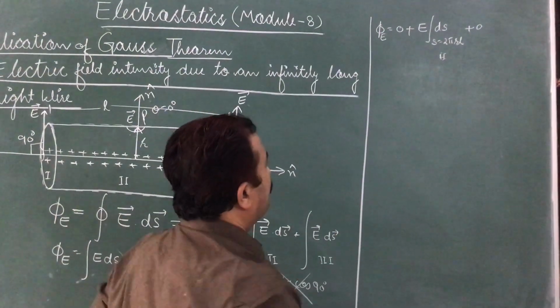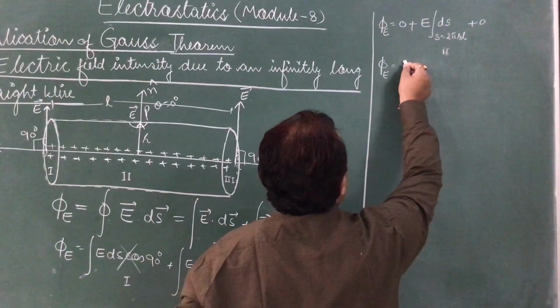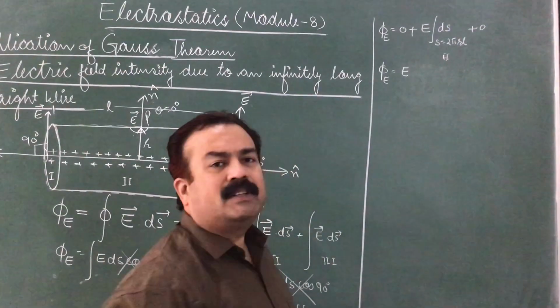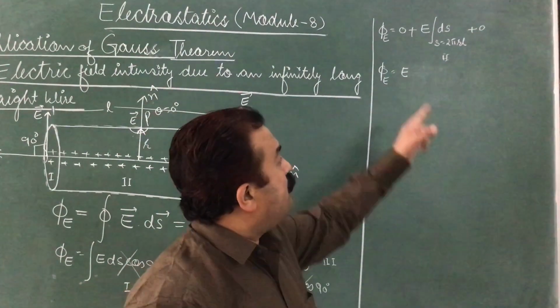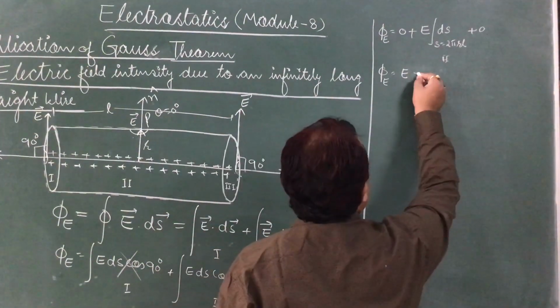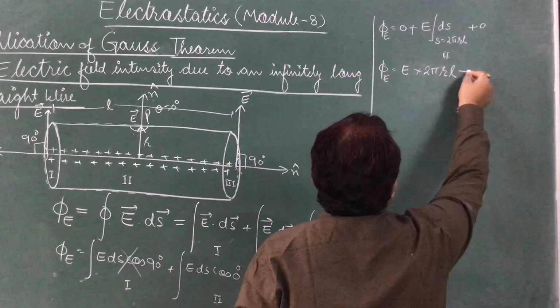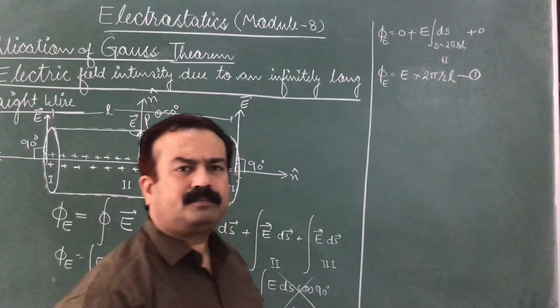So the next step is phi E equals E. We have already done in our 11th class that the integral of ds is S, and we put here the direct value of S, that is 2 pi RL. So here we can write 2 pi RL. This is equation number 1.